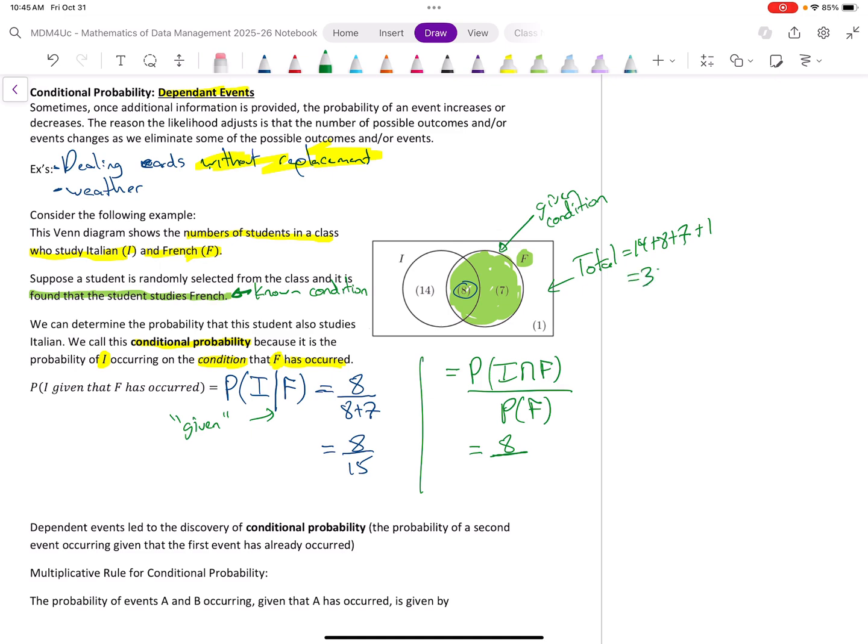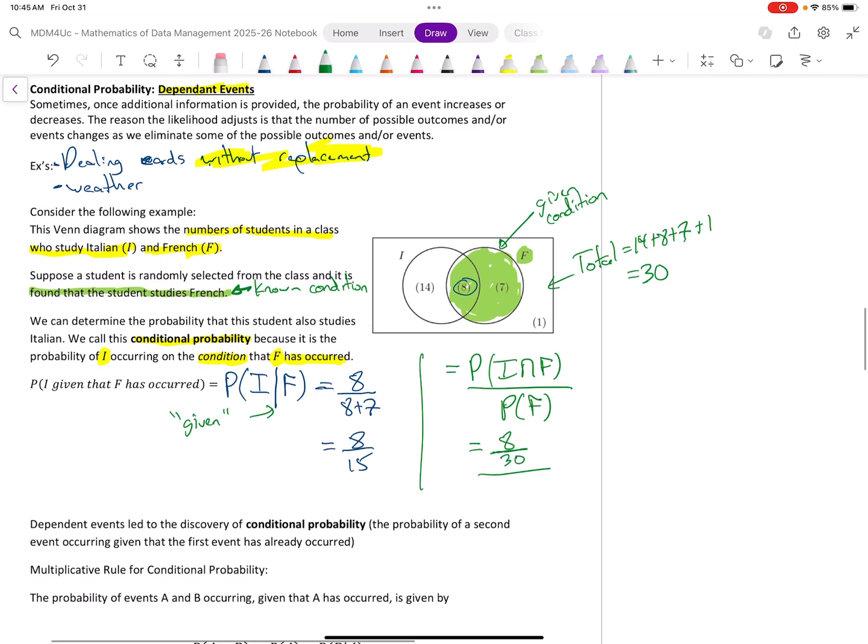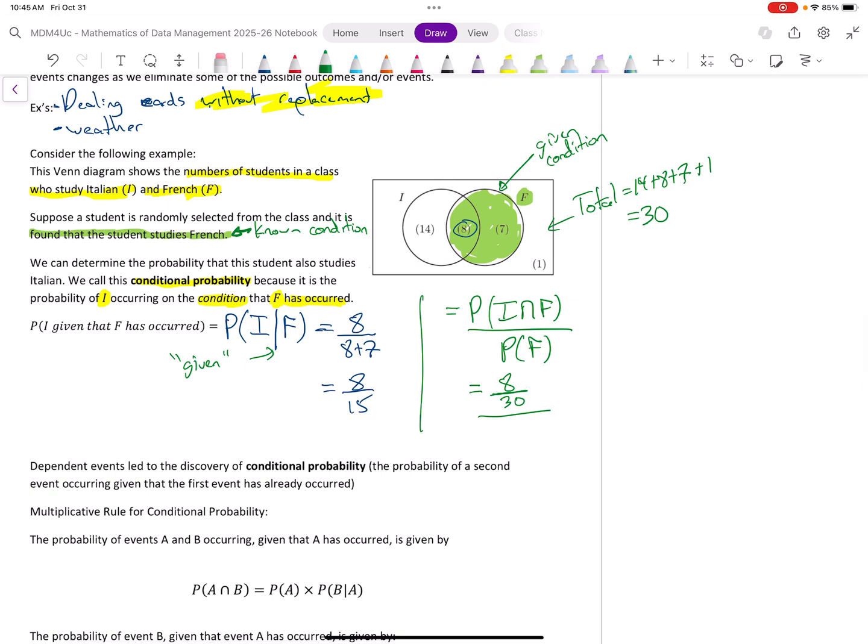And so that comes out to a total of 30 people. So my probability of Italian and French is 8 out of 30. And my probability of French, if I look at the people who are studying French, I've got 15 out of 30. And what happens here is that you just work this out, the 30s are going to cancel, and you're left with just the same thing we had to the left, which is 8 out of 15.